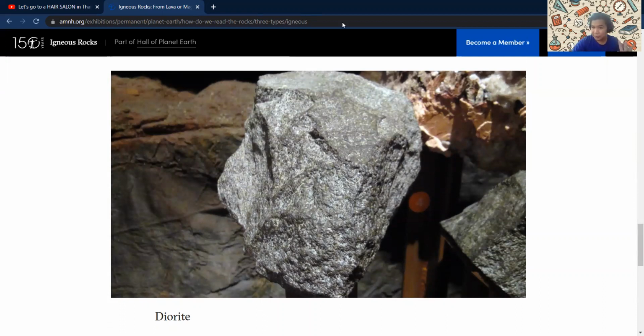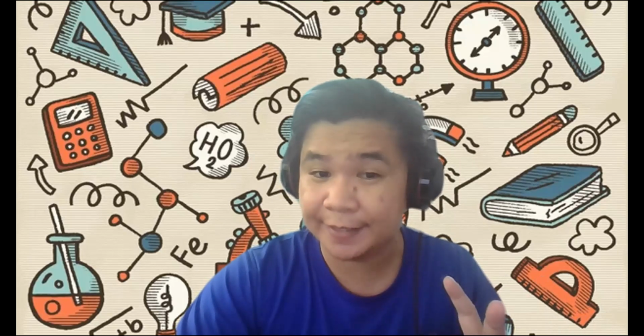Now let me stop the sharing here and go back to the website and we will see where we can find more rocks to look at. I hope you understood all about intrusive igneous rocks.